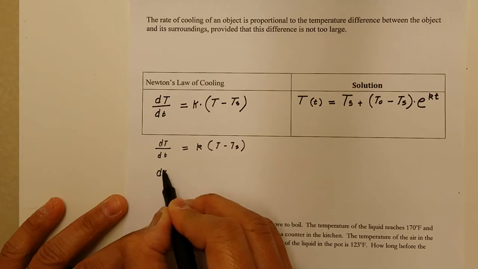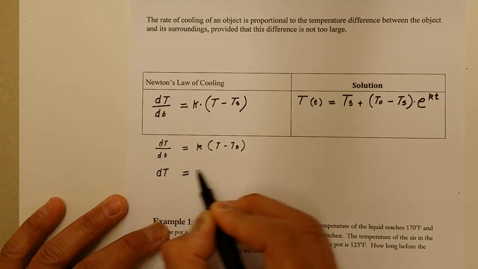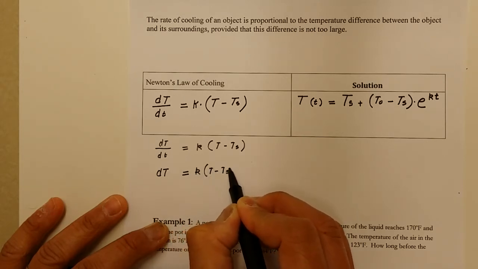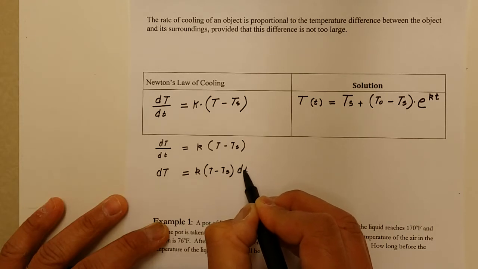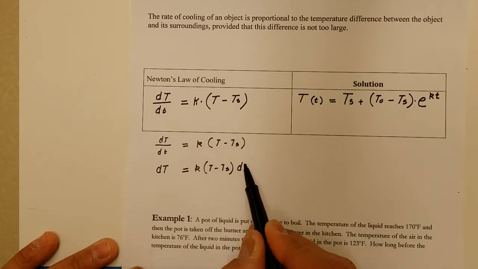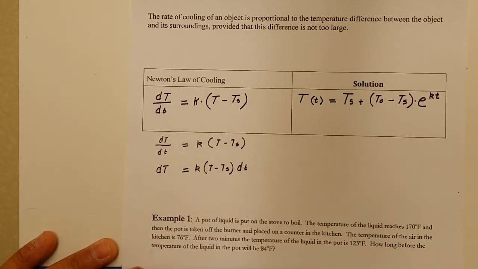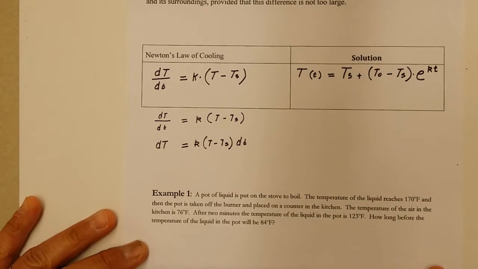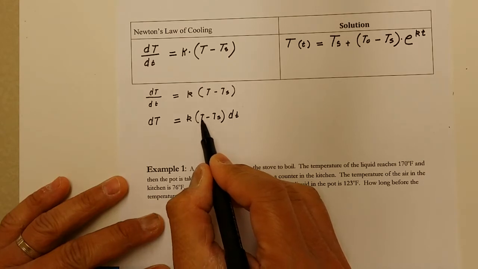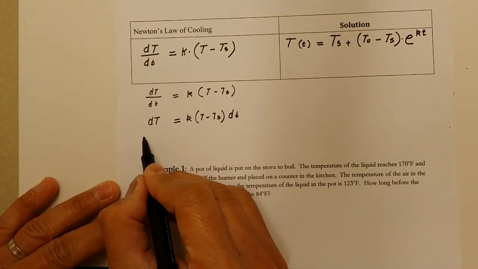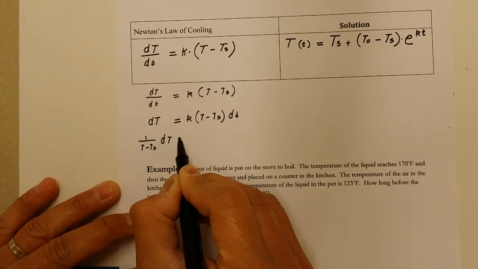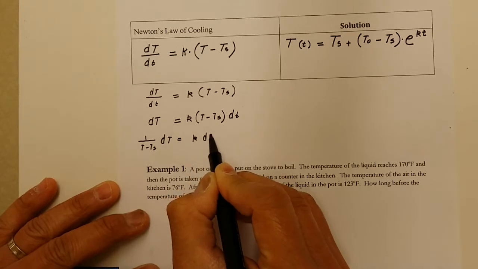So dT equals k times (T minus T sub s) dt, because I multiply both sides by little dt. Little dt stands for the change in time. Capital dT stands for the change in the temperature. I am going to divide both sides by T minus Ts. So 1 over (T minus T sub s) dT equals k dt.